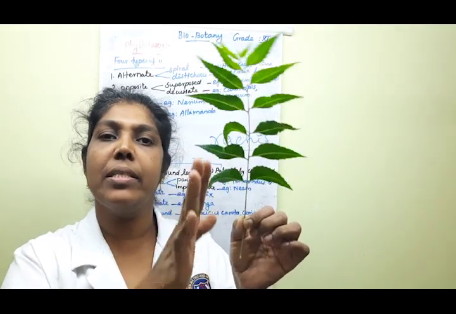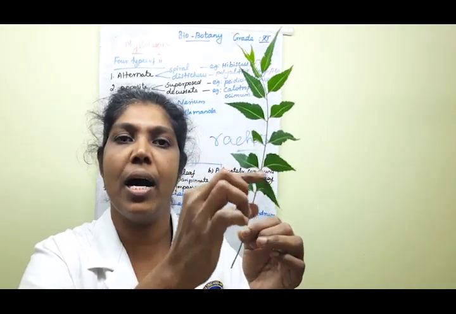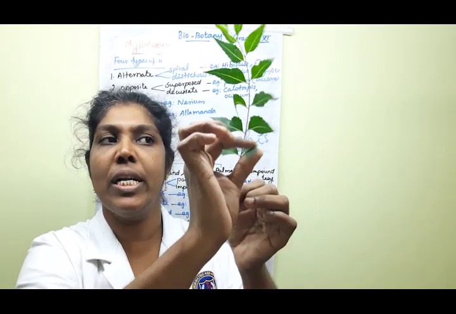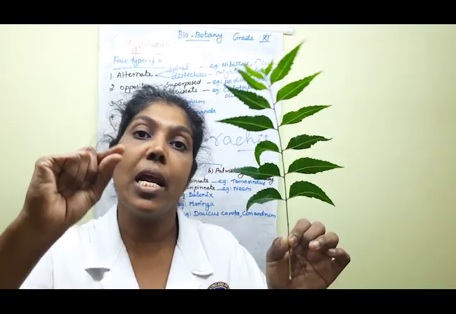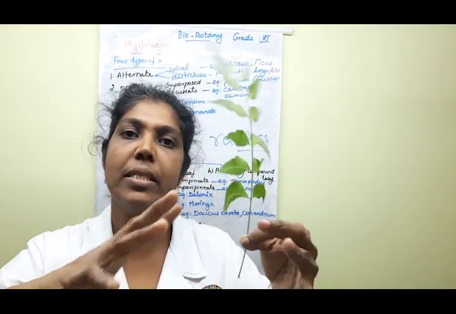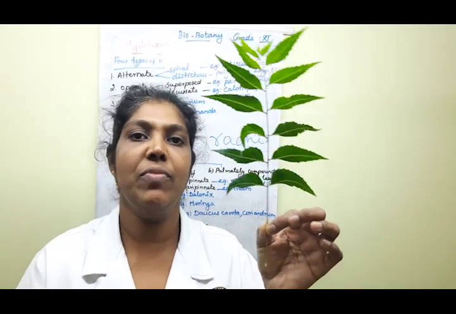Then there are several leaflets present on it. These are small leaf laminae or leaf blade regions, and each individual segment is known as a leaflet. Understood? Say yes or no? With only one rachis and many leaflets, we finalize it as a compound leaf.